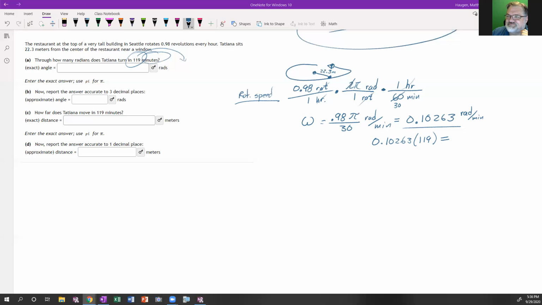We'll go ahead and just take that, multiply by 119, and we get 12.2124 radians, which is about 2 rotations. So 1 revolution every hour. This is 120 minutes, is actually almost 2 hours, sorry. So almost 2 hours would be almost 2 revolutions, and 2 revolutions is 12.2-ish radians. That all kind of lines up.